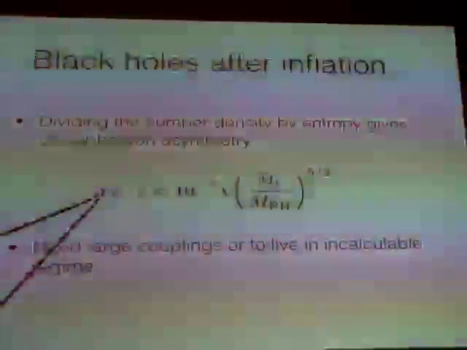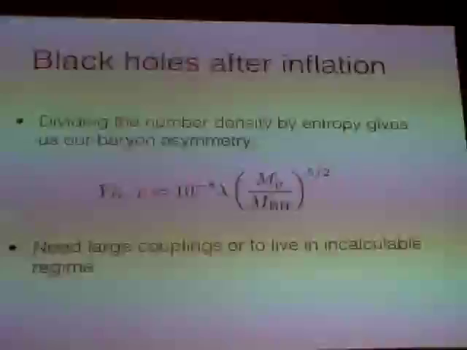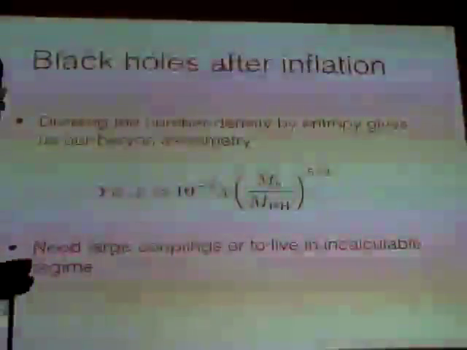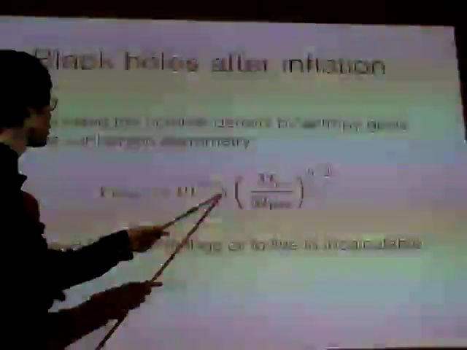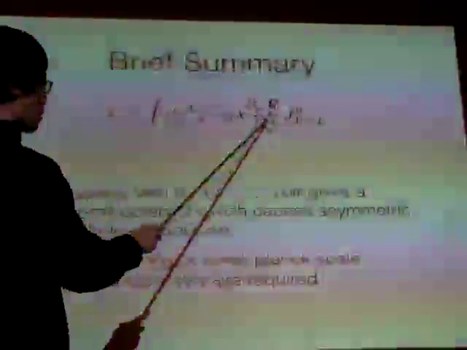And so experimentally, we have measured the B minus L, Y B minus L here is 10 to the minus 10. So what you'll notice here is that in order for this guy to give you 10 to the minus 10, you either need large couplings. Okay, so just to remind everyone, the way I defined lambda here was from this coupling here, some lambda times del mu r over m Planck squared.